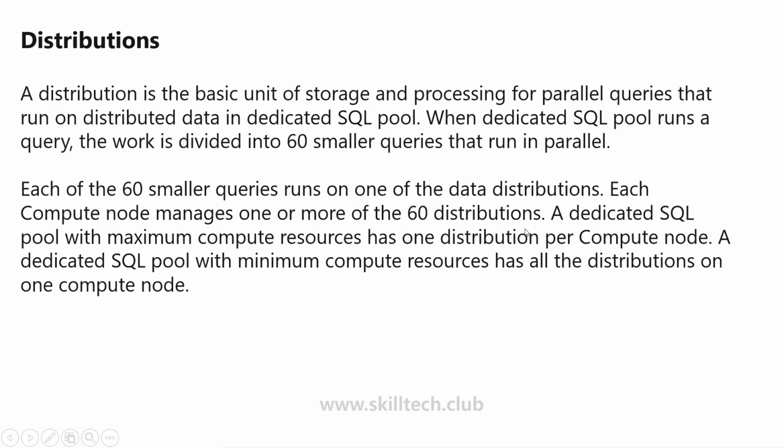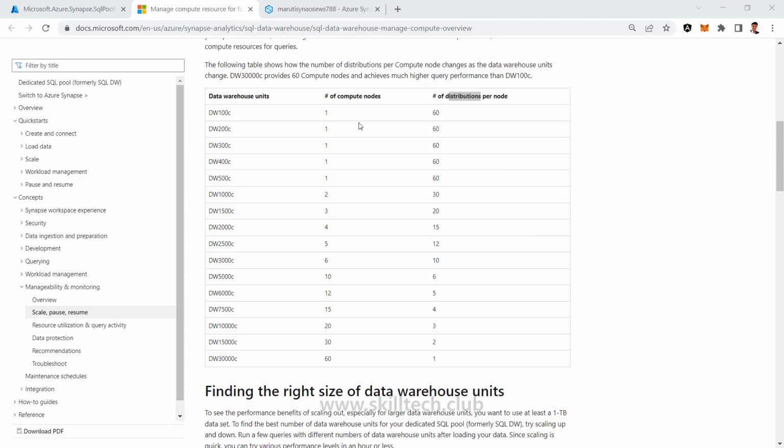It means this brings me to one particular conclusion: if I have only one compute node, then all the 60 distributions are going to be executed on that particular compute node only. Same way, if I have two compute nodes, then it's going to divide them 50-50, so 30 distributions will be executed on one compute node and another 30 on the other one.